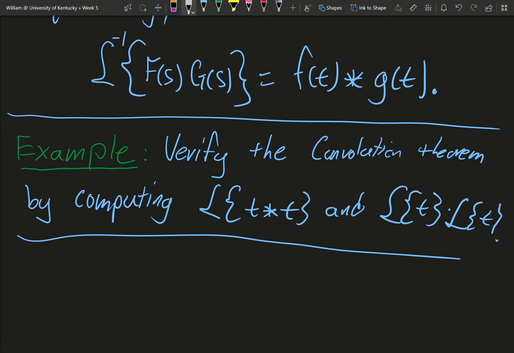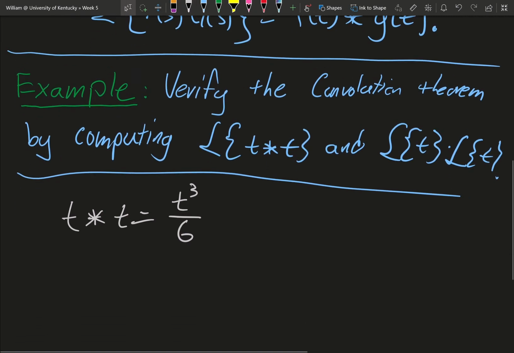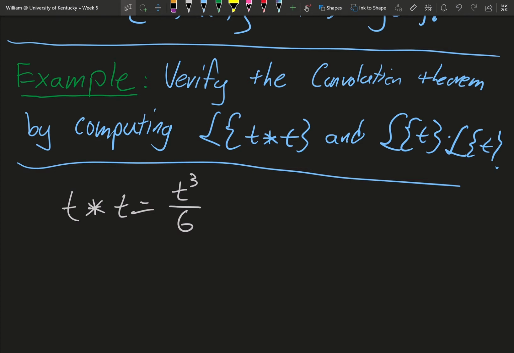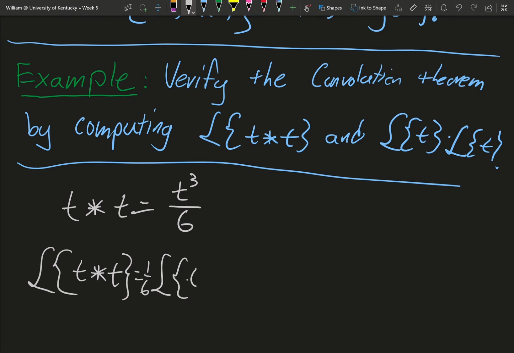Okay, so we did this problem as an exercise in the last video, and we got that the convolution of t with itself was t cubed over 6. Right, so we can take the Laplace transform of the convolution of t with itself, which is 1/6 times the Laplace transform of t cubed.